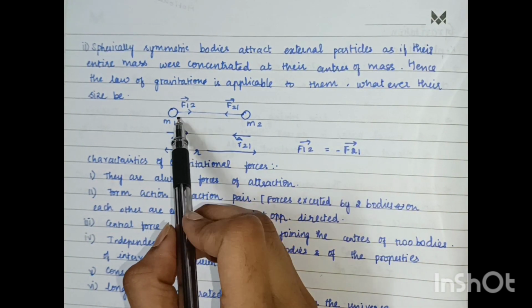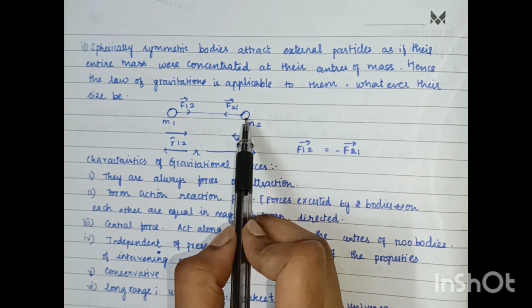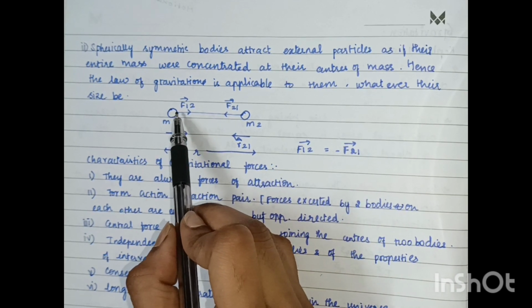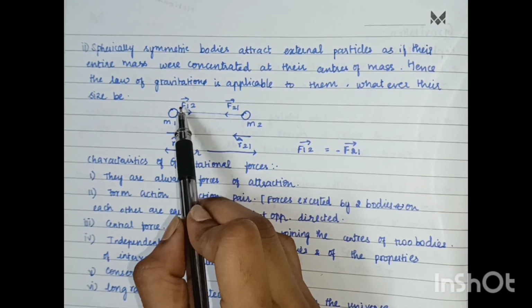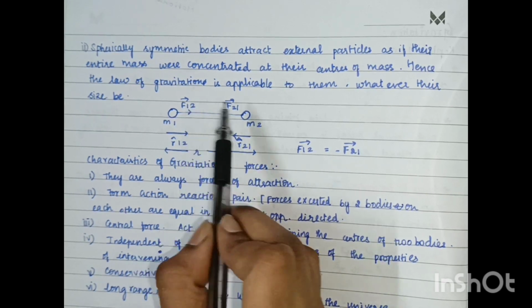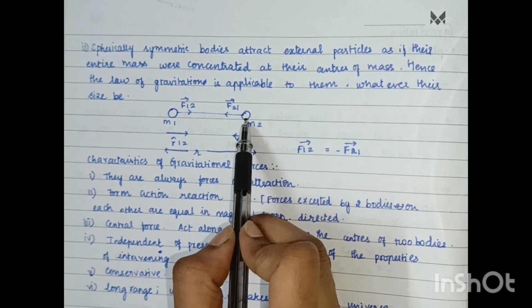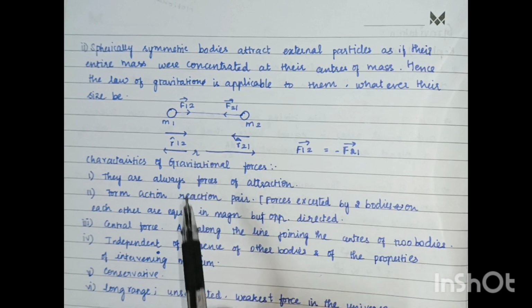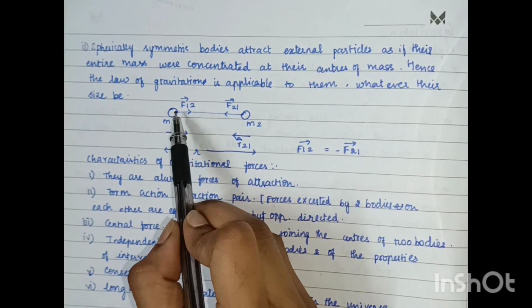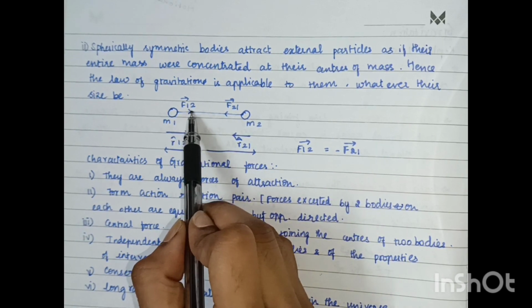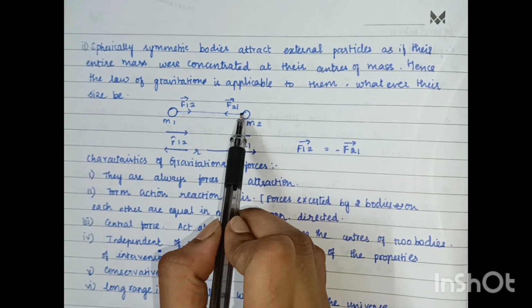Then if we say this is mass m1 and this is mass m2, F12 is the force on mass 1 because of mass 2, and F21 is the force on mass 2 because of mass m1. So m2 will attract m1 in this direction, and m1 will attract m2 in this direction.